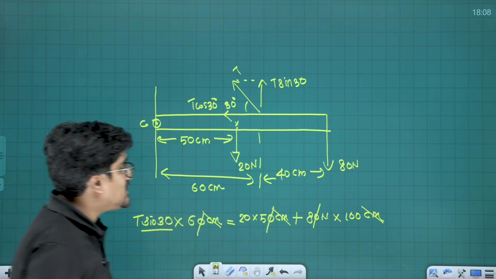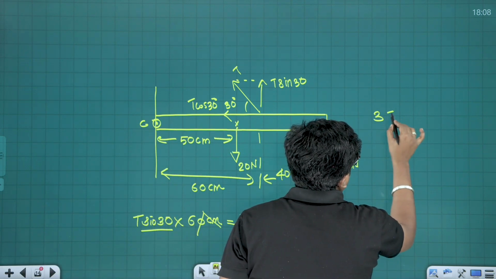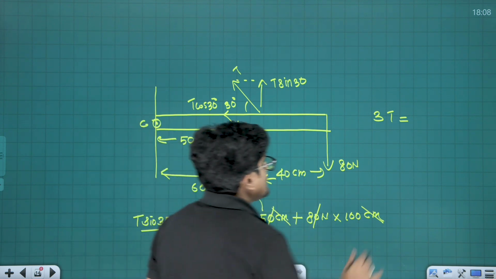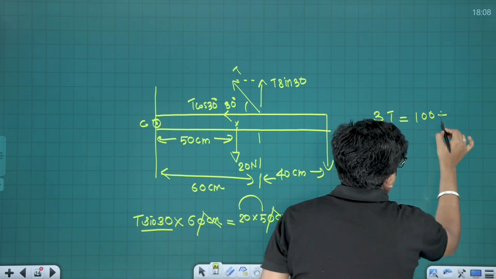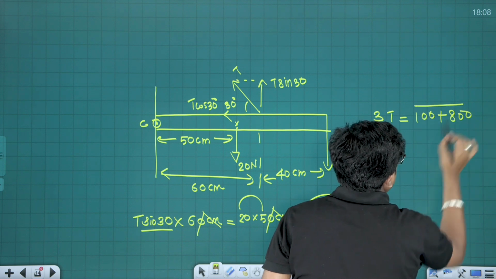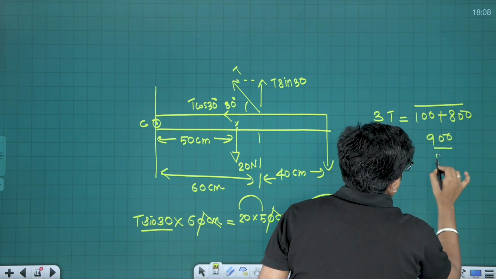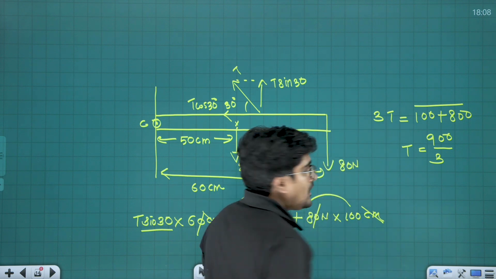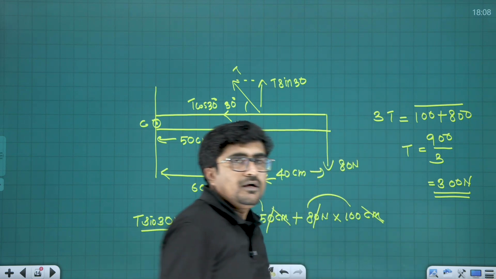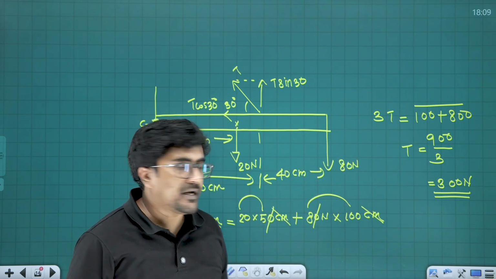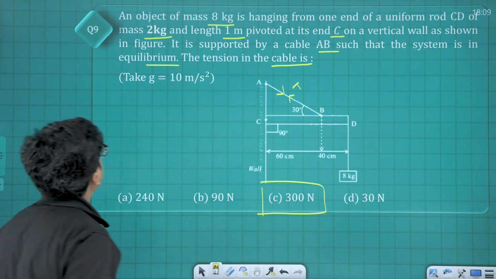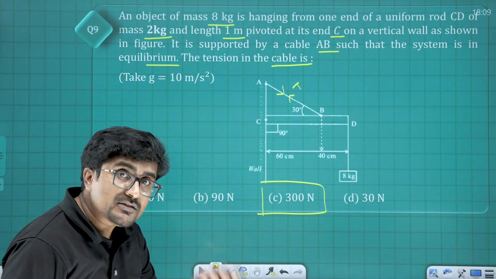So here this is 3 times T. So 3 times T is now equal to 100 plus 800, so this is 900 by 3, which is T. And that is, of course, 300 Newton. So the tension acting here is 300 Newton, and if I check with the options, it is option C.